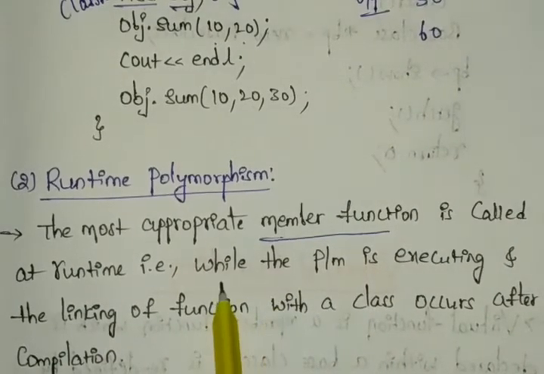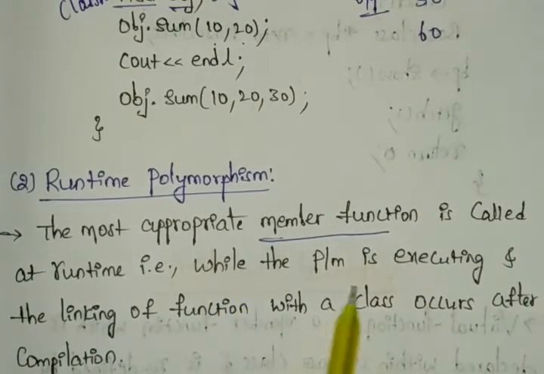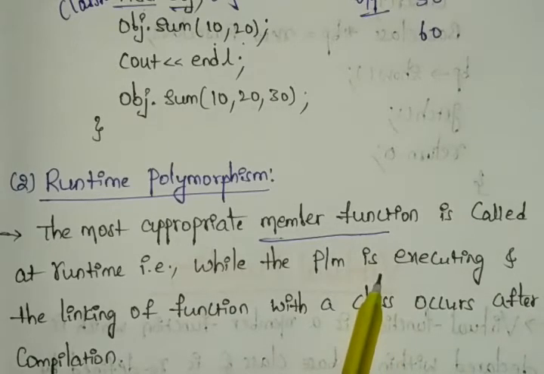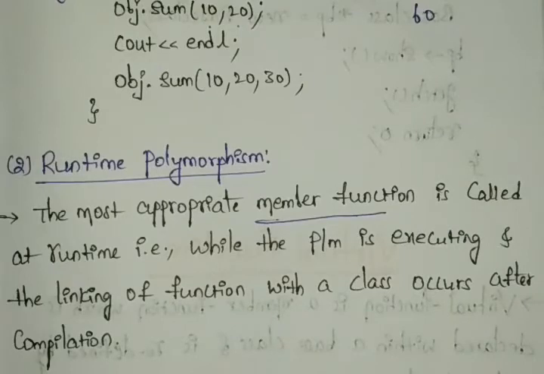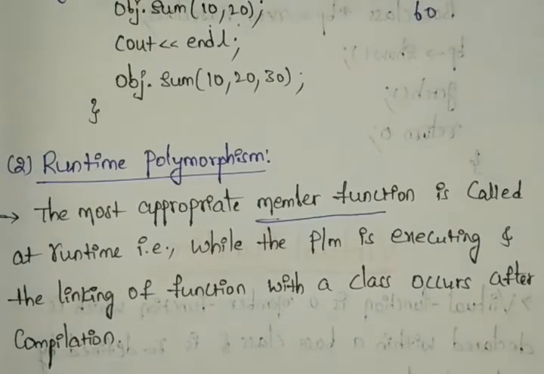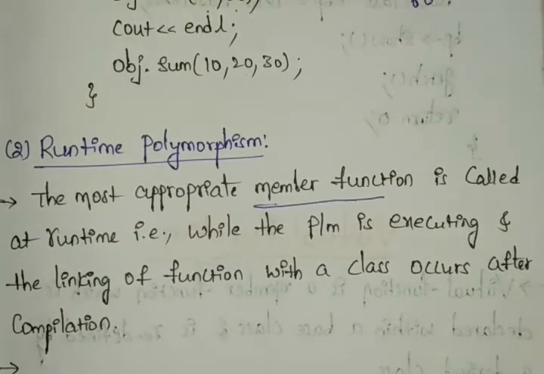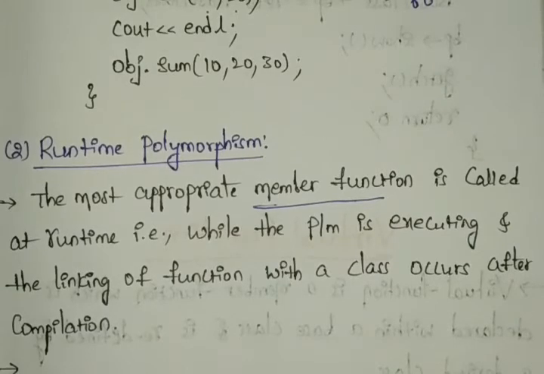While you are executing the program, the linking of the function with a class is performed after the compilation process. Once you did the compilation, after that you do the run process.